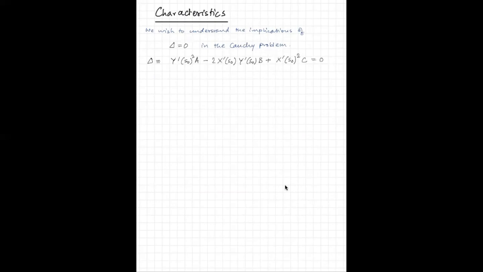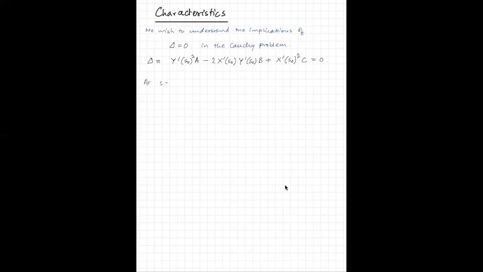Okay. So at s equal to s naught, this equation is related to the slope of the curve c at x naught y naught. So let's write this down again.